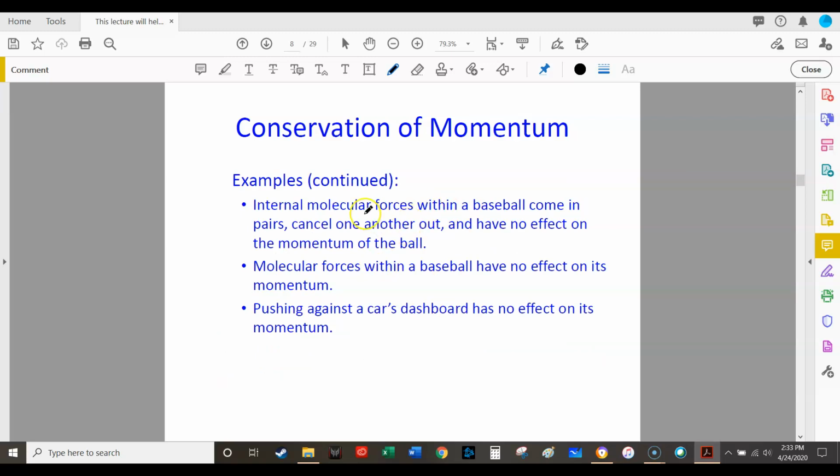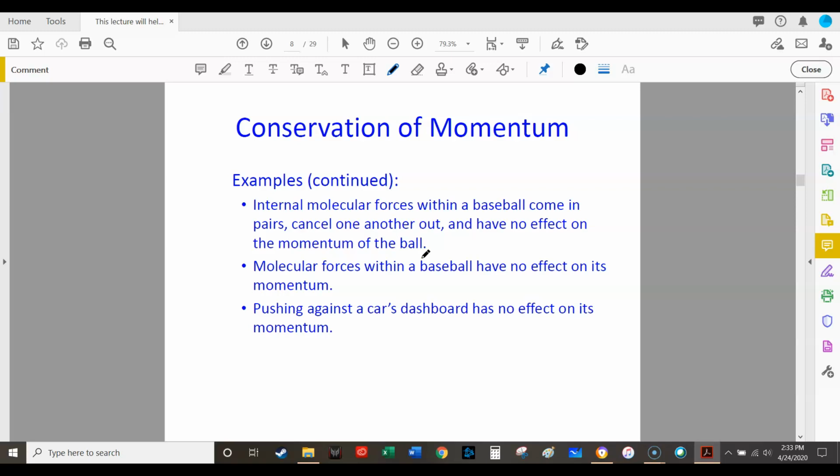Another type of system that you could think about is a more microscopic system, the molecular forces, when a ball gets hit or is jarred, all the little molecules are contained within that ball. The ball doesn't explode, right? So they get jarred, and the kinetic energy stays within that system again.